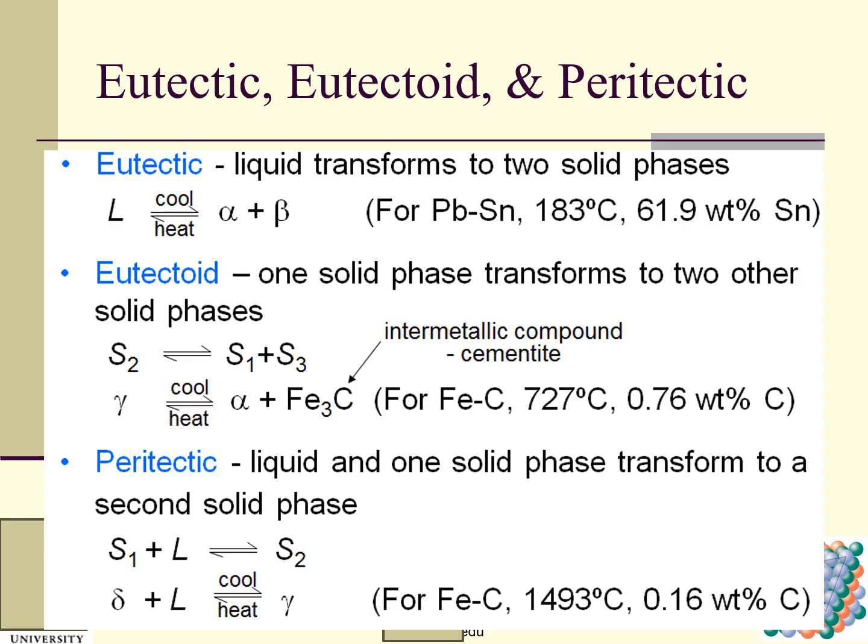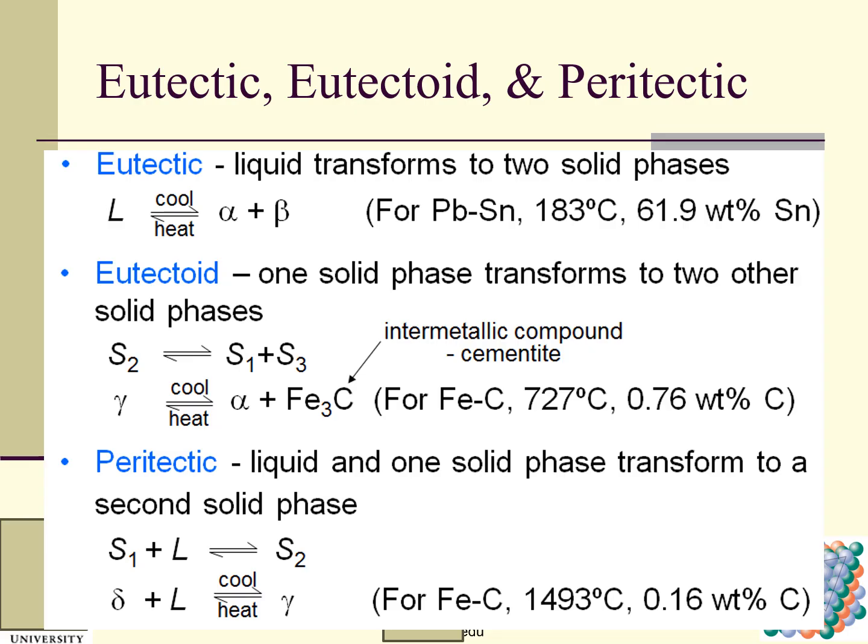The third one is peritectic. Peritectic is a liquid and one solid phase transforming into a second solid phase. This is the general equation, and here is a specific example, still for the iron-carbon phase diagram.